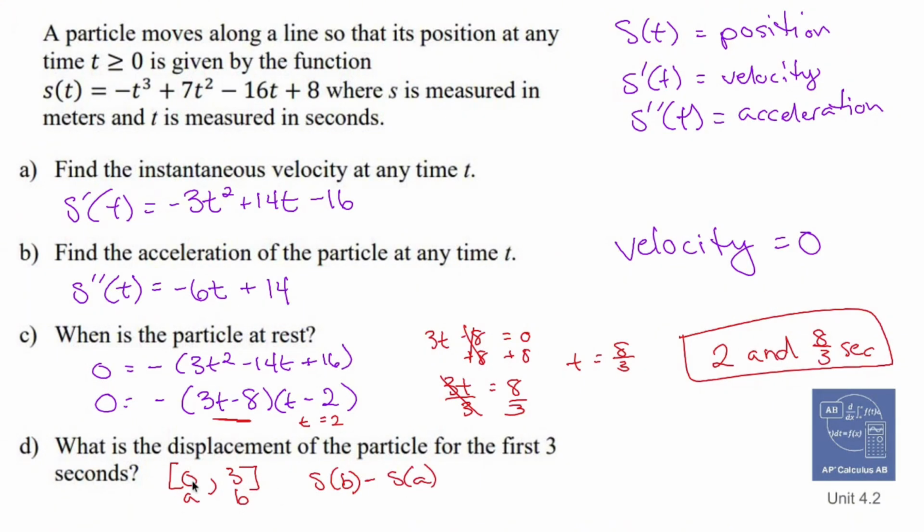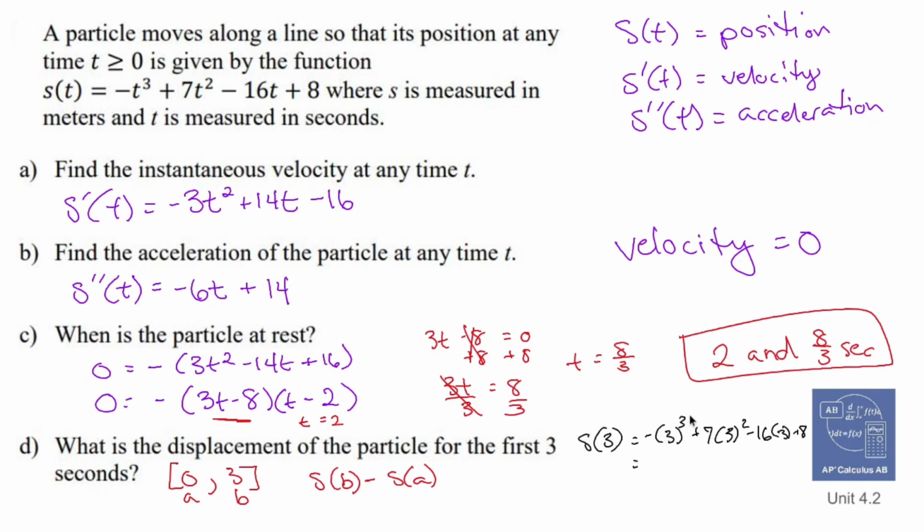Where am I at 0 seconds? Subtract the one from the other. So let's find out what S of B, which is S of 3, is. S of 3 is going to be negative 3 cubed plus 7 times 3 squared minus 16 times 3 plus 8.